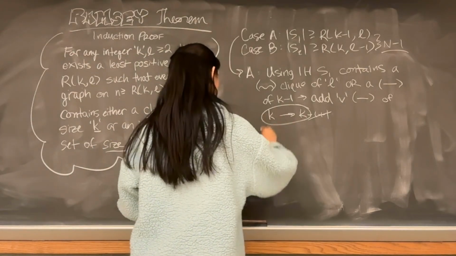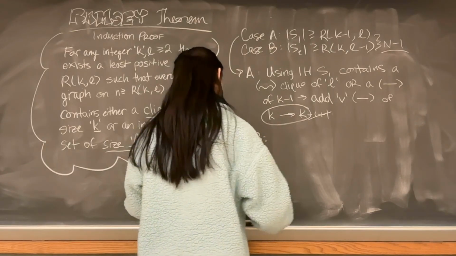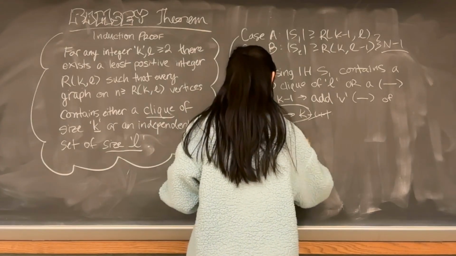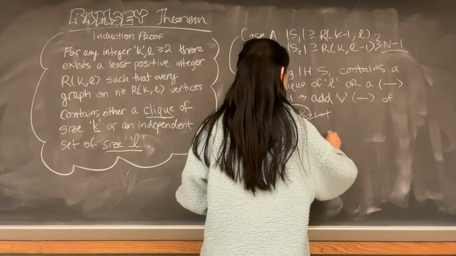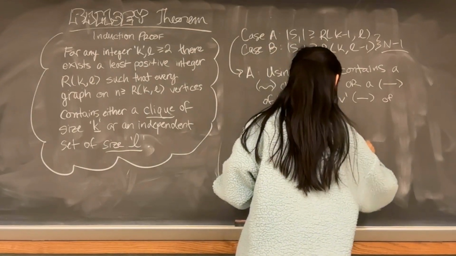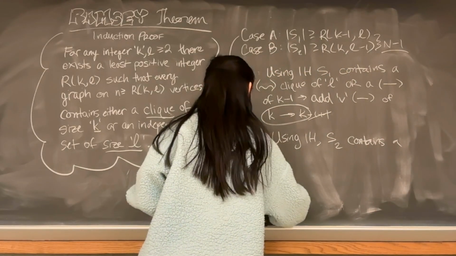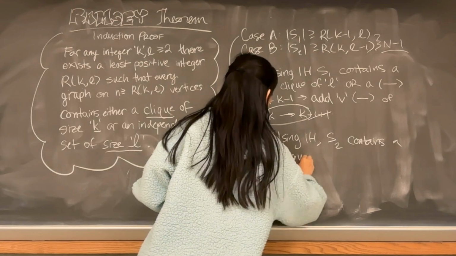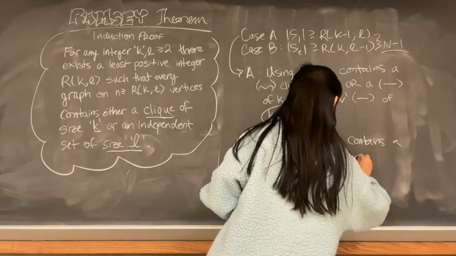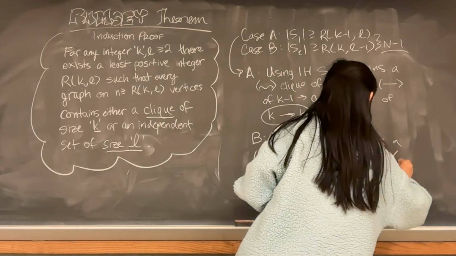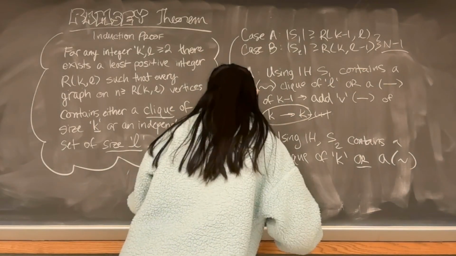So now, similarly, we can do the same for B. And B is pretty similar. So again, we are using our inductive hypothesis. So using the inductive hypothesis, S2 contains a straight line clique of k, or a squiggly line clique of L-1.